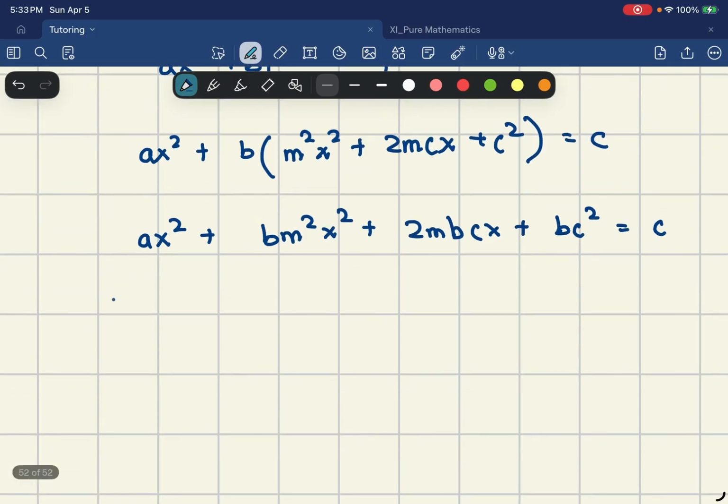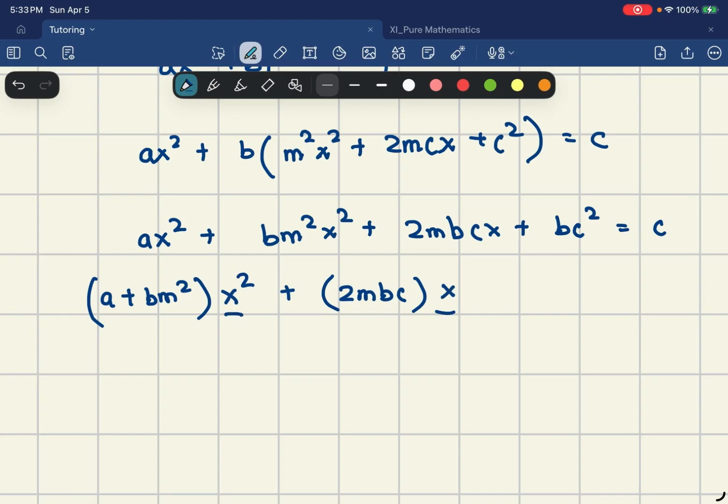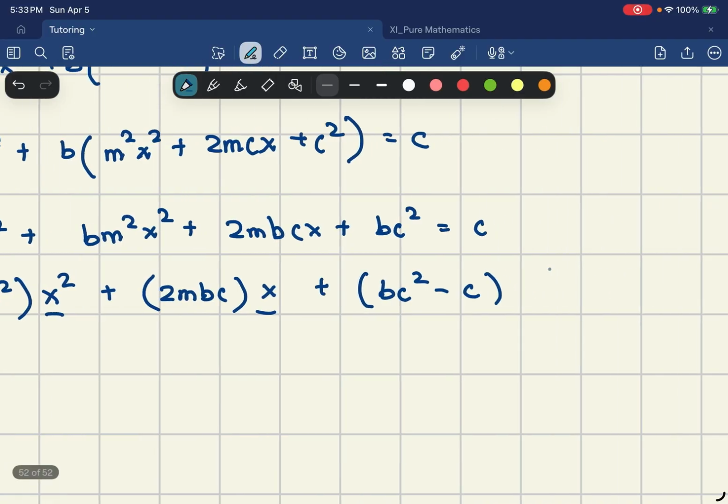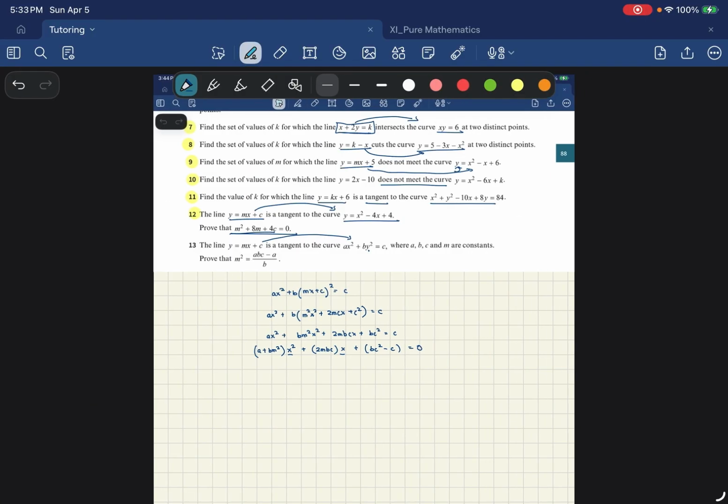And now I can write this as (a plus bm squared) times x squared. I collect my x terms, 2mbc times x, and now my constant term is just bc squared minus c if I subtract c on both sides. And this is equal to 0.